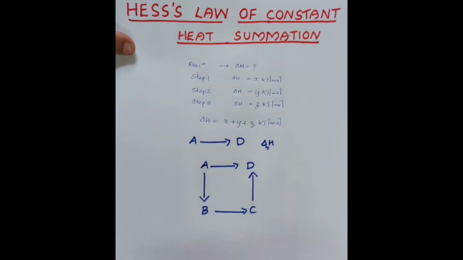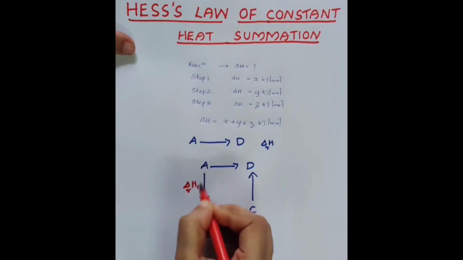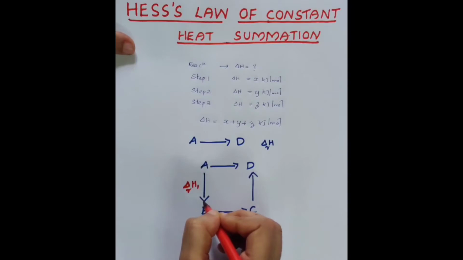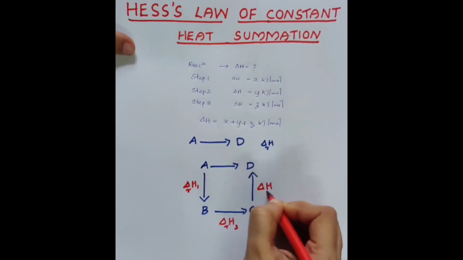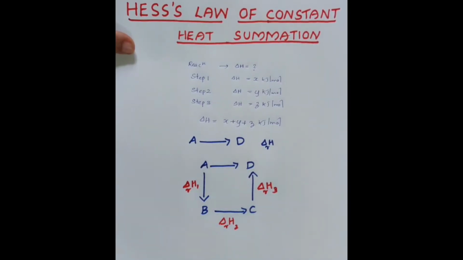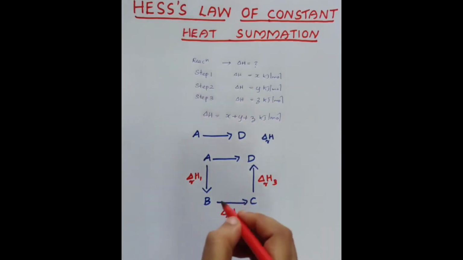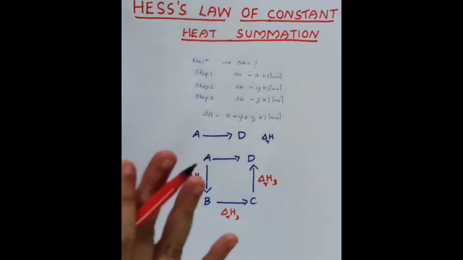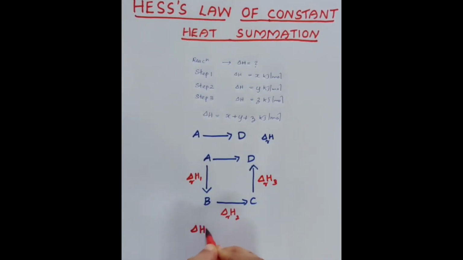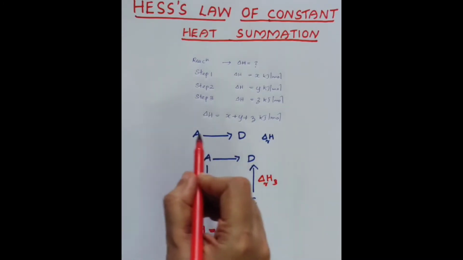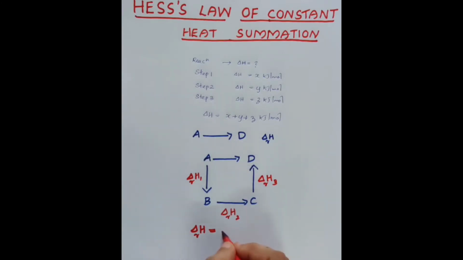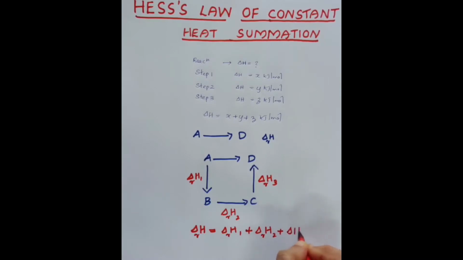And if delta HR 1 is the enthalpy change for the first intermediate step, delta HR 2 is the enthalpy change for the second reaction, and the enthalpy change for the third reaction is delta HR 3, then delta HR, the enthalpy change for the overall reaction from A to D, is equal to delta HR 1 plus delta HR 2 plus delta HR 3.